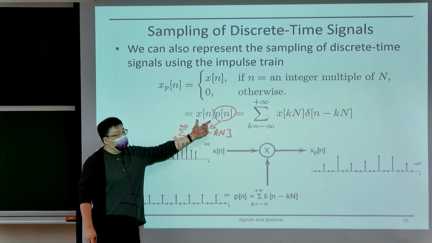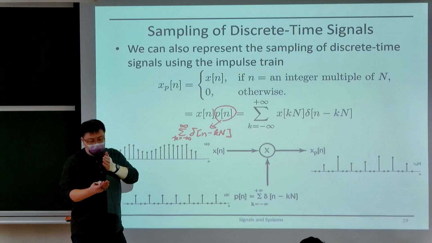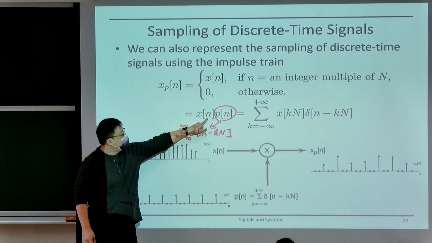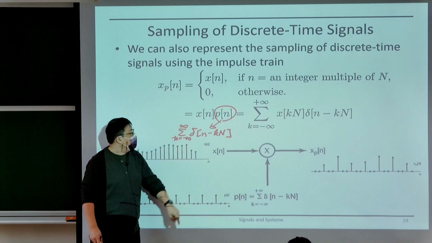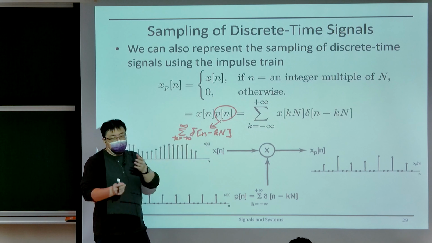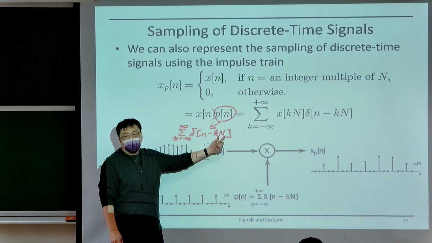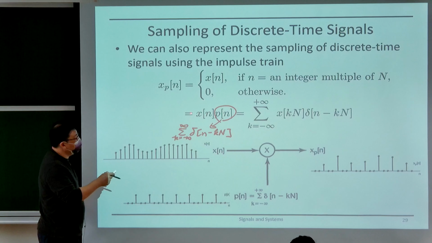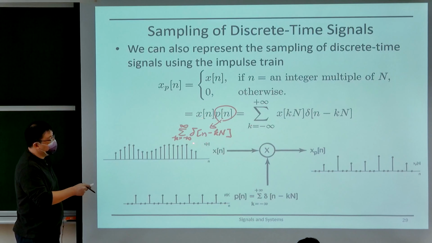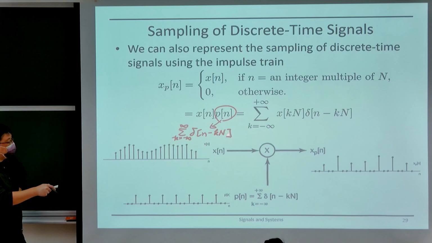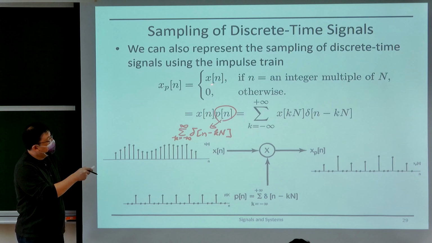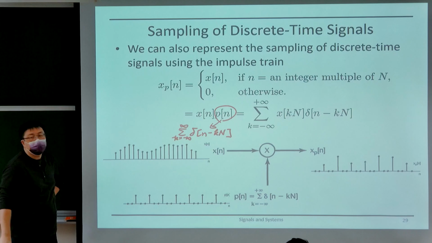Originally, this is a discrete time sequence, we have a sample at every integer value of n. But instead, suppose we just want to extract out the value at every integer multiple of capital N. So we do this by multiplying x[n] by this impulse train separated by integer multiple of capital N. And this gives us xp[n] that is equal to x[n] if n is an integer multiple of capital N and 0 otherwise.